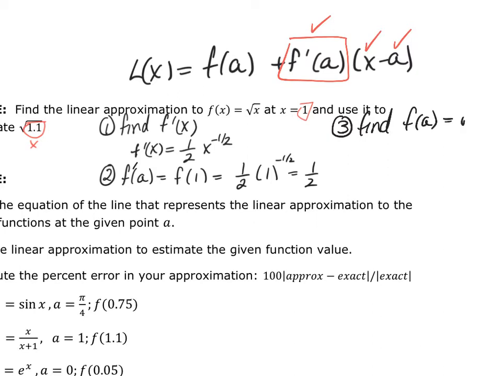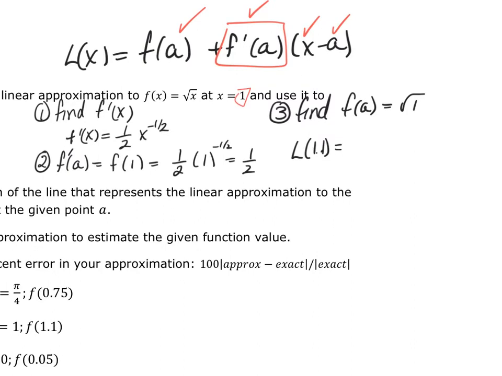And so I put square root of 1. And so now I've got that. So I have all the pieces that I need to do the linear approximation. So L of 1.1 is equal to f of a, which is just 1, plus f prime of a, which was 1/2, times x minus a.